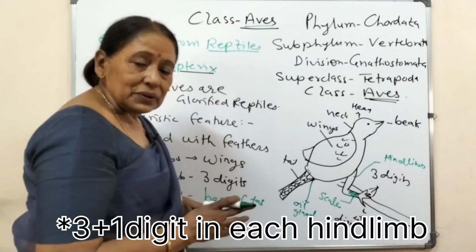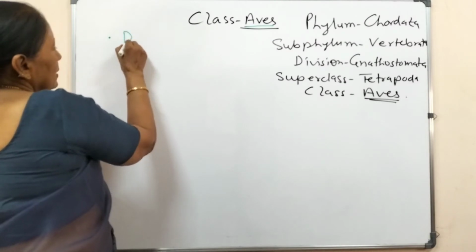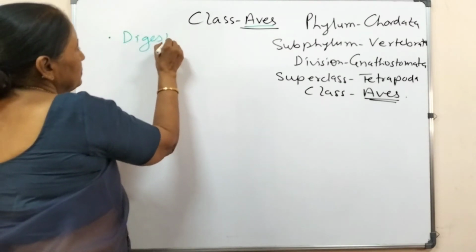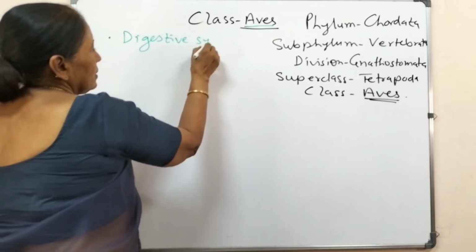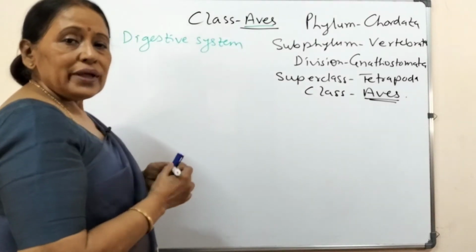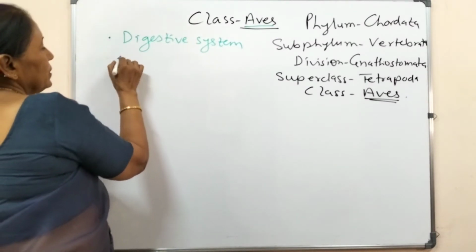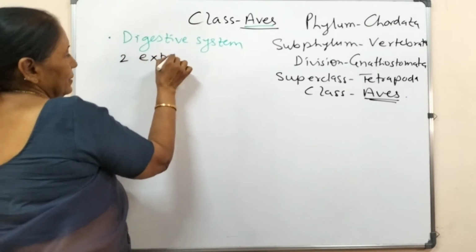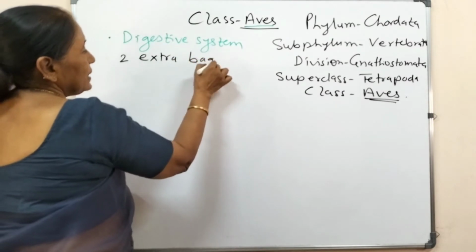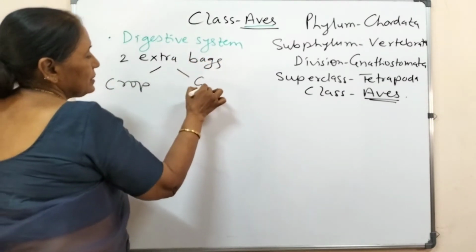Now let us move to their different systems. In their digestive system, we find 2 extra bags. What are they? One is the crop and the other is the gizzard.